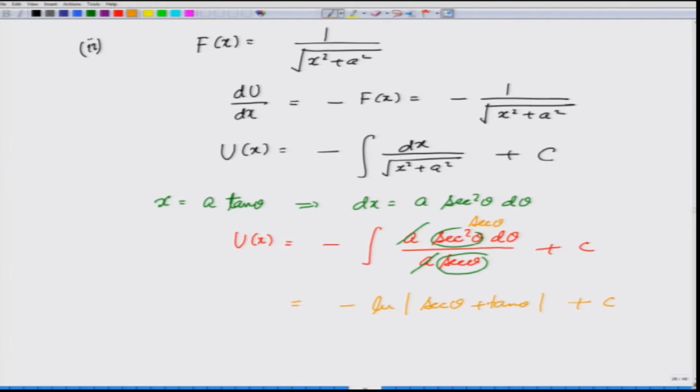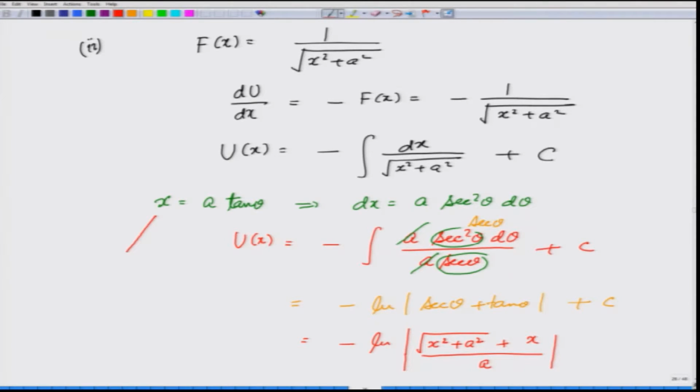Again, if I substitute for tangent theta and secant theta, it comes out to be minus log of modulus of square root of x square plus a square plus tangent theta, which is x, this whole thing divided by a.